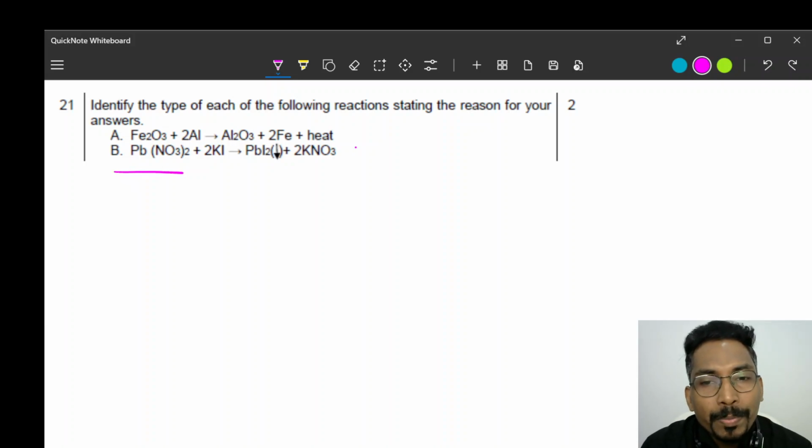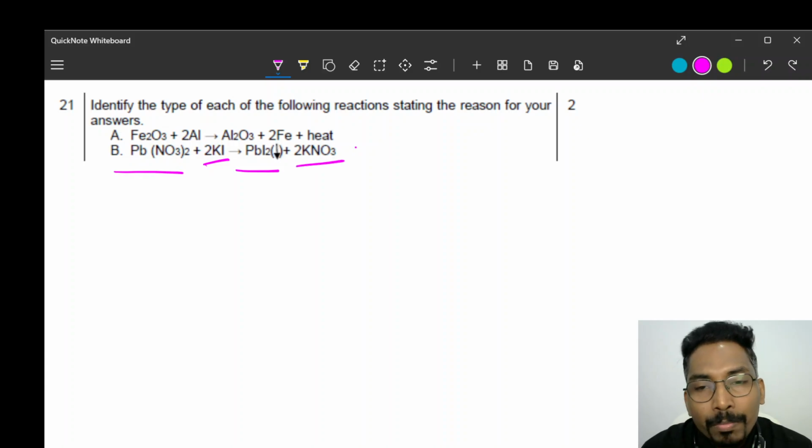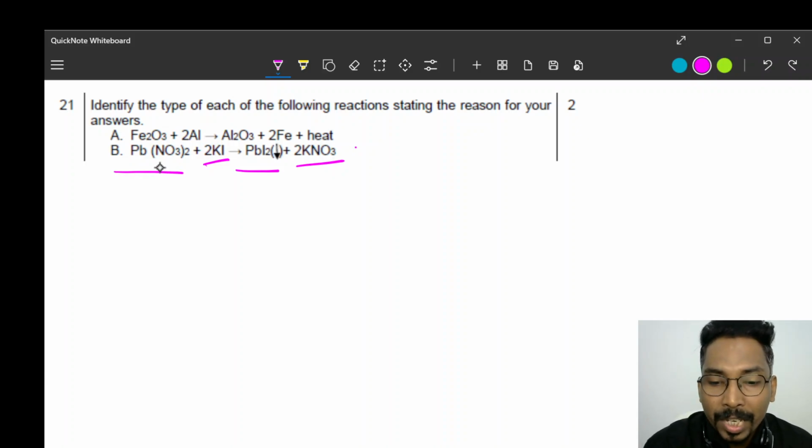Coming to the second equation, that is Pb(NO3)2. What is Pb(NO3)2? That is lead nitrate plus KI, potassium iodide, gives PbI2, lead iodide, plus potassium nitrate. You can see the exchange of ions between the reactants and products. So what are the ions here?